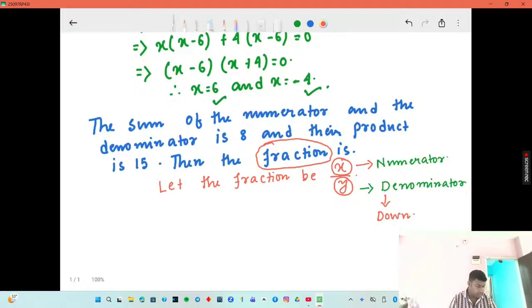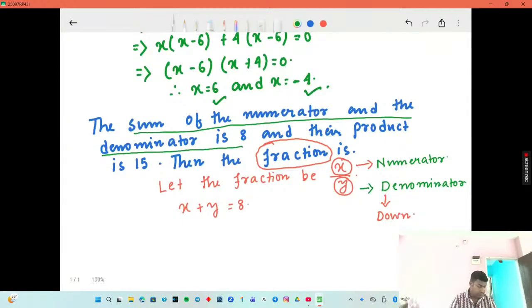So according to the condition here, we can write x plus y is equal to 8, because in the first half of the question it is given as the sum of the numerator and the denominator is 8. So from here we can find the value of y. So y is equal to 8 minus x. And the second part of the question is given as their product, means the product of the numerator and the denominator is 15.